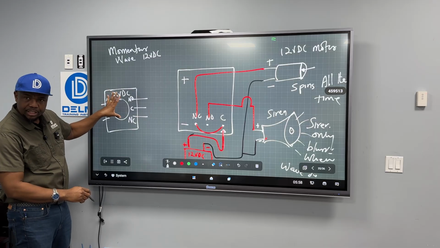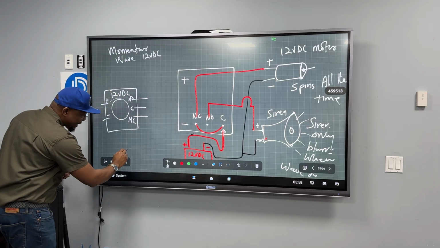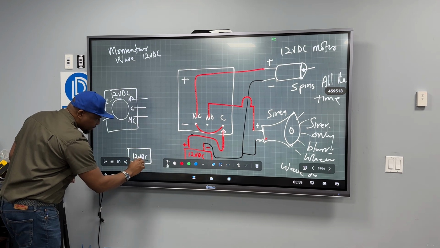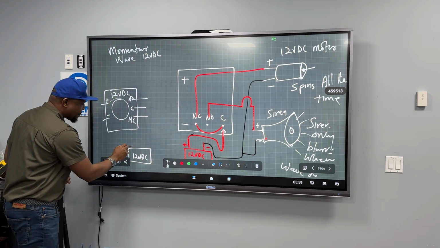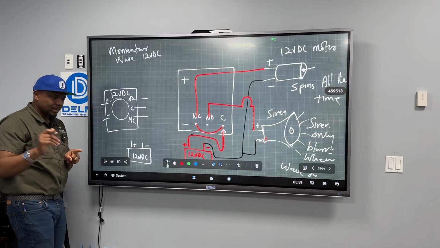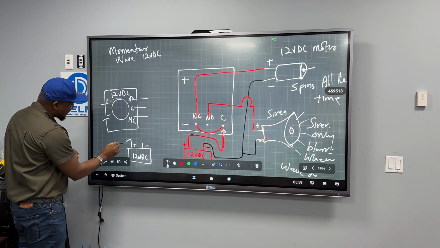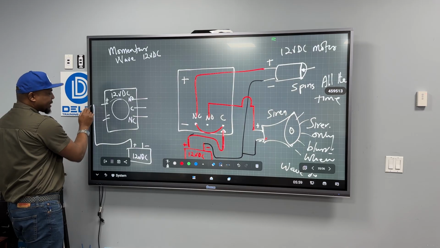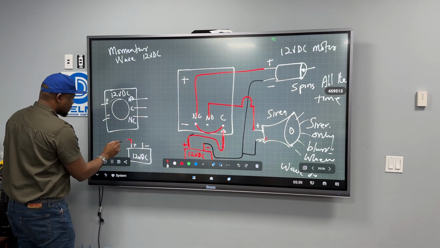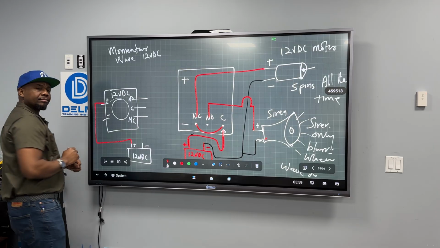So because this is 12 volts, I'm going to get a 12 volts DC power supply. That is going to have a positive and a negative. So what I'm going to do is take the positive from here and connect it to the positive terminal here.